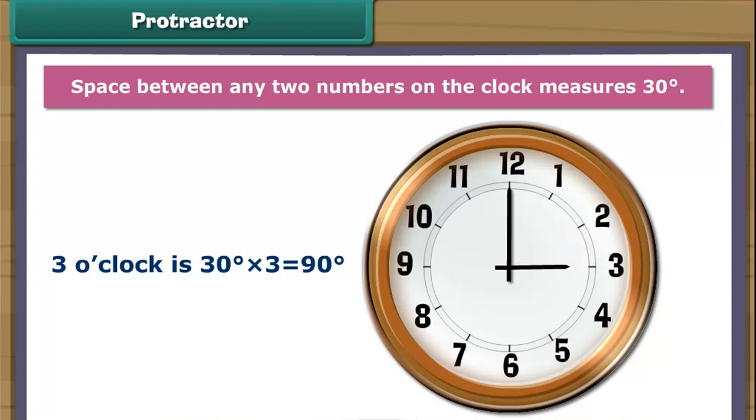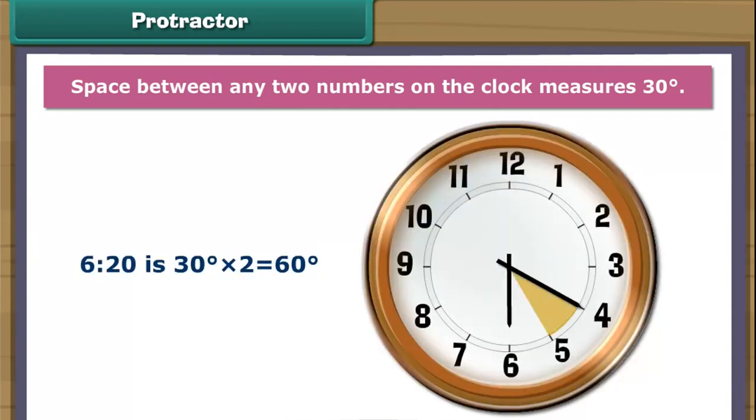By this logic, we can measure 3 o'clock as 30 degrees multiplied by 3 is equal to 90 degrees. 20 past 6 as 30 degrees multiplied by 2 is equal to 60 degrees. And 10 past 9 as 30 degrees multiplied by 5 is equal to 150 degrees.